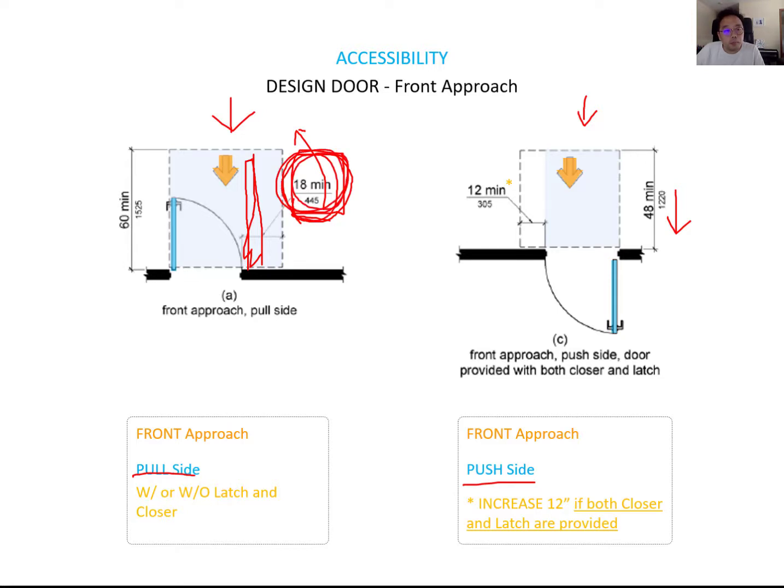So when you have a front approach and pull side, you have to avoid any object, any wall within this boundary. This has to be vacant. Okay, I'm just going to erase everything here. Just a second.